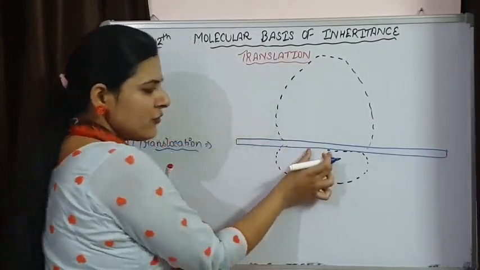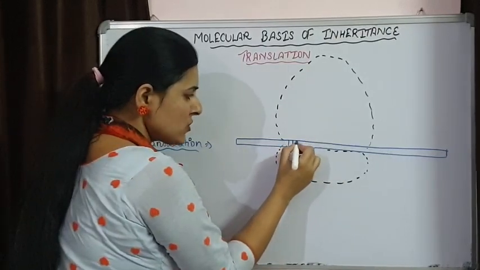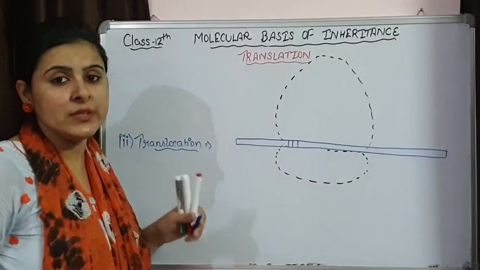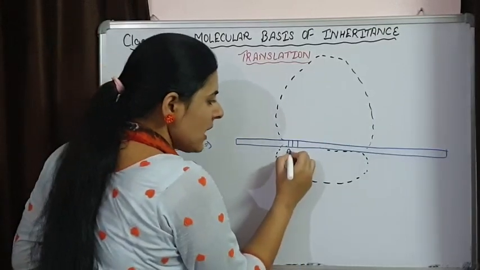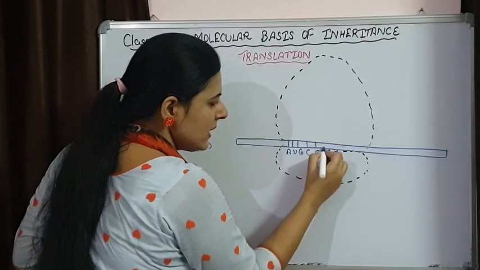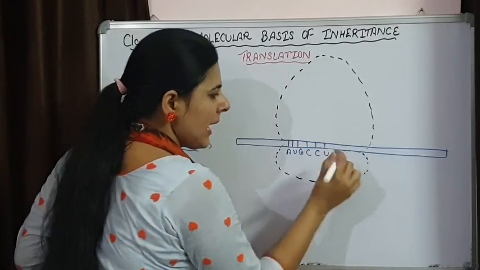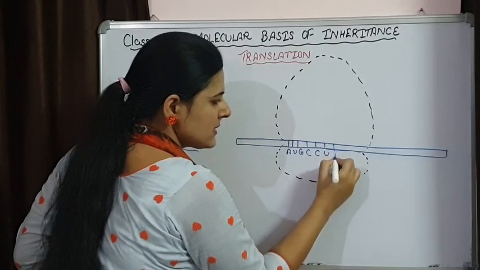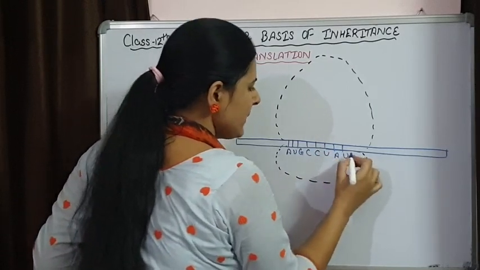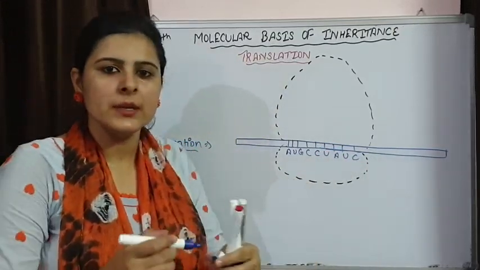So earlier AUG was present here at the P site. Now because of the translocation of this ribosome, this is the AUG, this is the CCU, that was the second codon, and over here say AUC, the third codon is present.